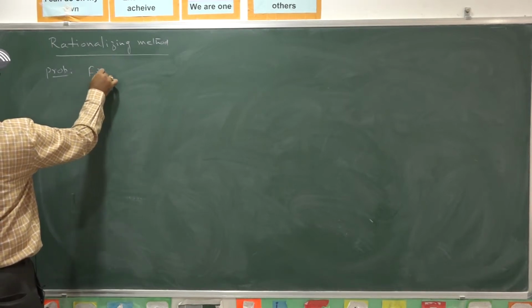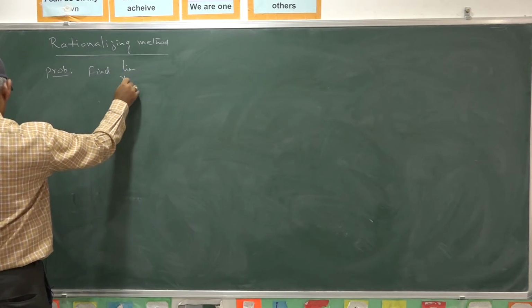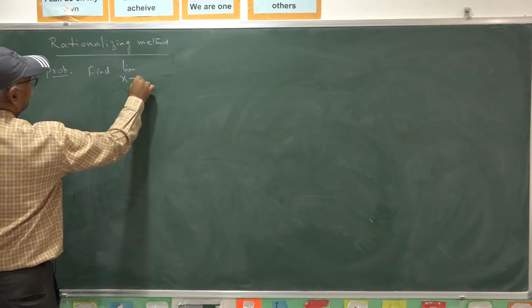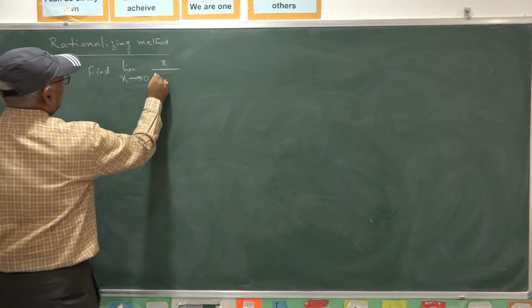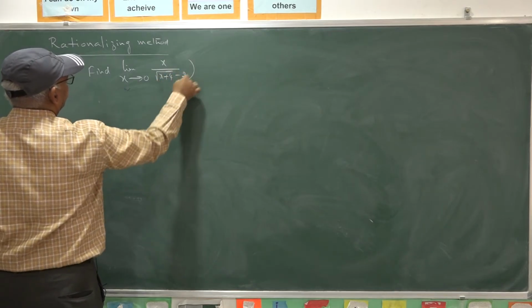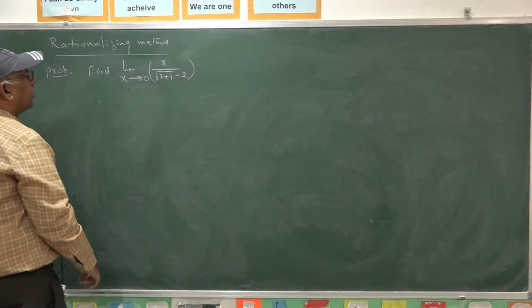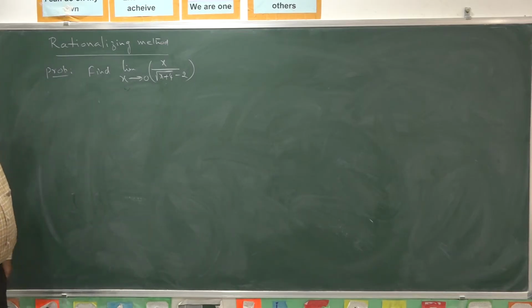Find the limit as x goes to 0 of x by root over x plus 4 minus 2.